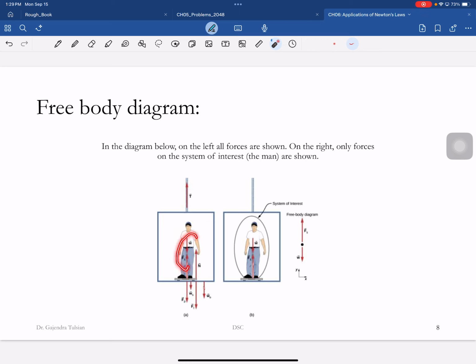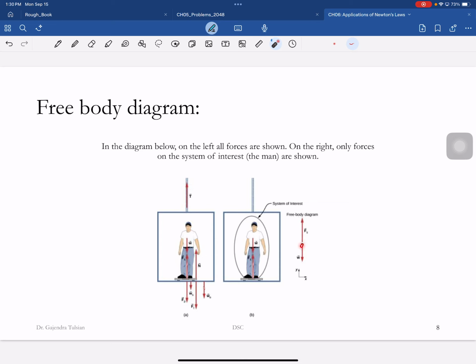The force of this gets translated to the floor of the elevator. And this is the weight of the scale, which also gets translated to the elevator. Those are all the forces acting on him. But if you're interested in just this guy, there are only two forces acting on him: the force of gravity and the force that the scale exerts on him.